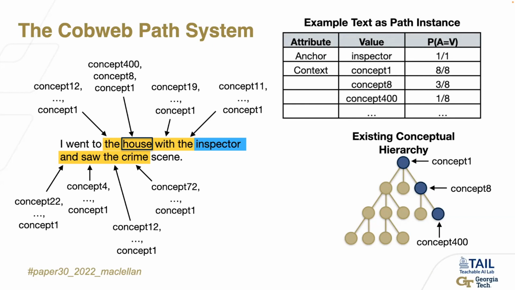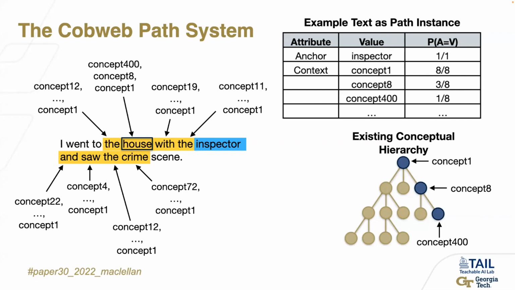Similarly, concept 8 is some intermediate label that maybe is shared by some of the words in the context, maybe 3 out of the 8 words. And then concept 400, the leaf concept for the word house, maybe only appears once, so it's 1 out of 8.